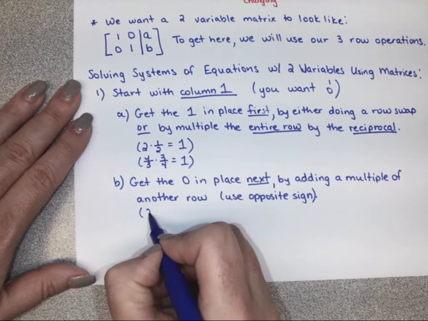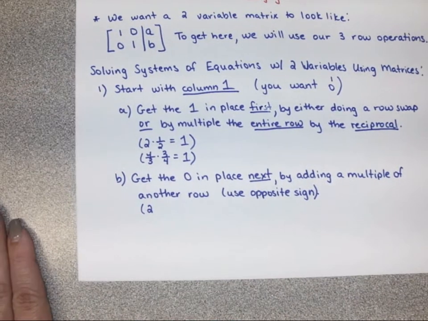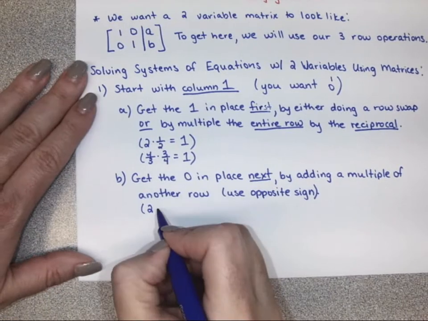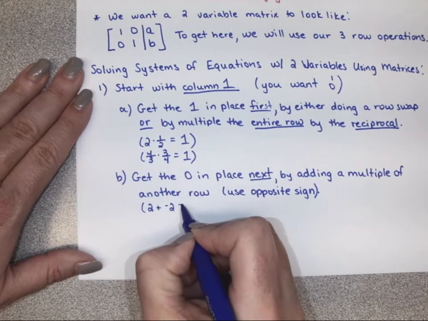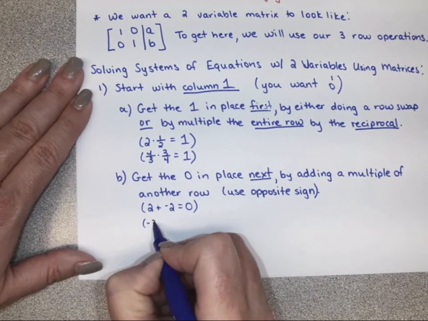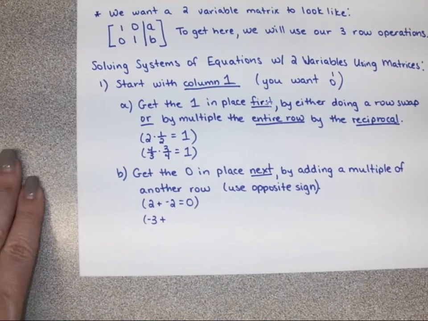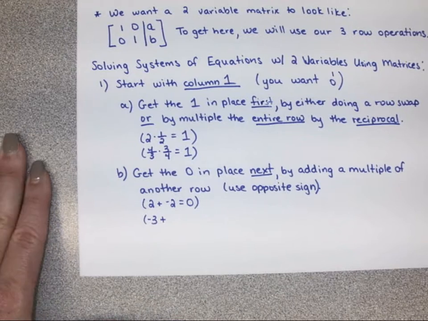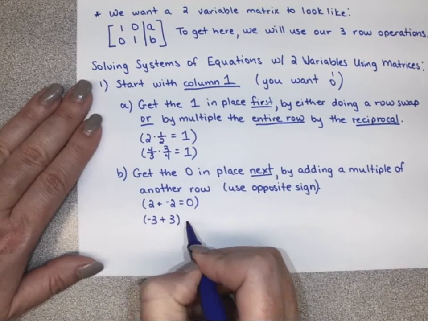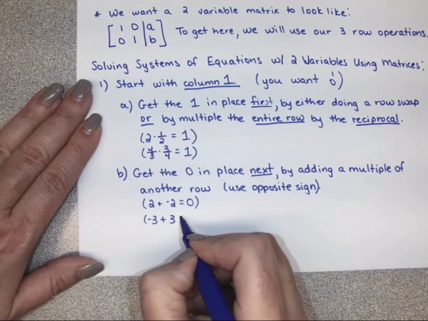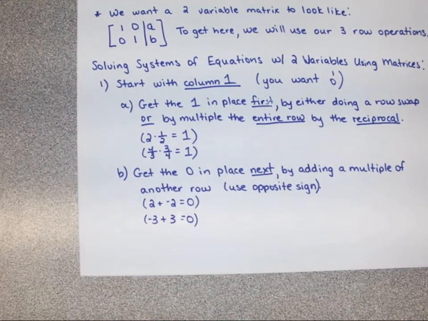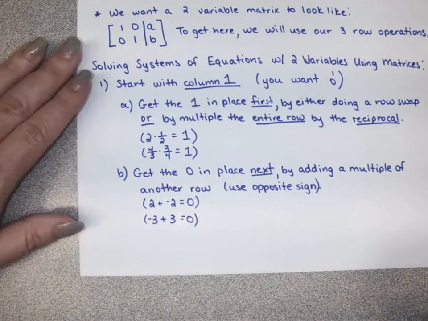So what I mean by that is if you have a 2 and you want that number to be a 0, what could you add to the 2 that would make it a 0? What could you add to 2 so that it would always be 0? -2, right? What if it were a -3? What could you add to the -3 so that, again, you would have a 0 where you want it to be? You could add 3. Okay, so -3 plus 3 would also give you 0. So notice that's going to let you get the 1 and the 0 where you want it.